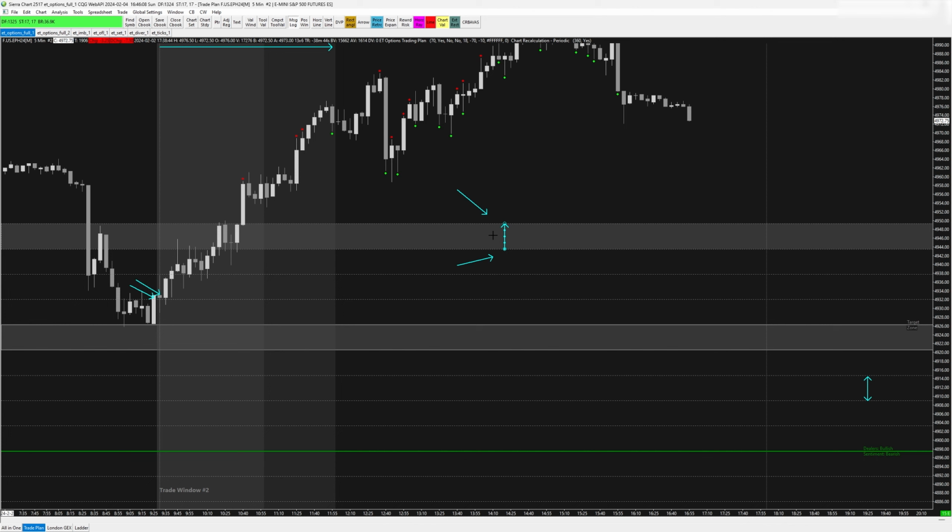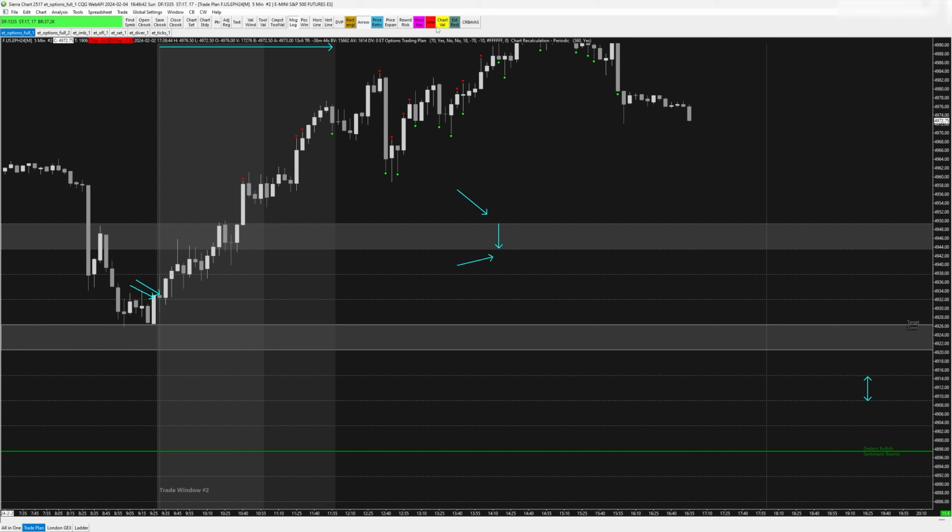And I'm not going to put it here as my unit of risk. No, I treat these levels as my support and resistance. I will get into the market above it, but my stop loss is going to be the closest unit of risk. Okay, so the closest unit of risk is this one right here, and I want to put my stop loss below it if I'm using 1 unit of risk.